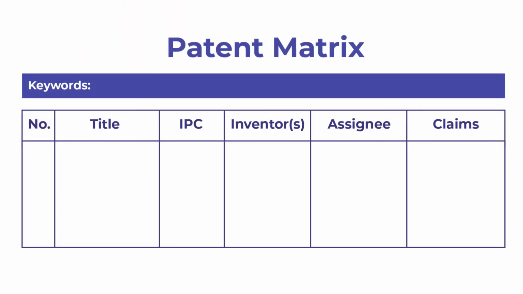Let's have a closer look at this patent matrix. So why is it important to have a look at the patent? In fact, as an academic inventor, it is always important to learn and know about the existing technologies.